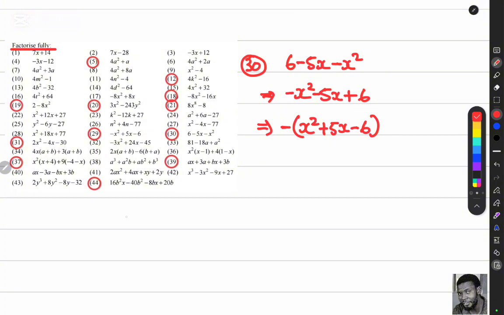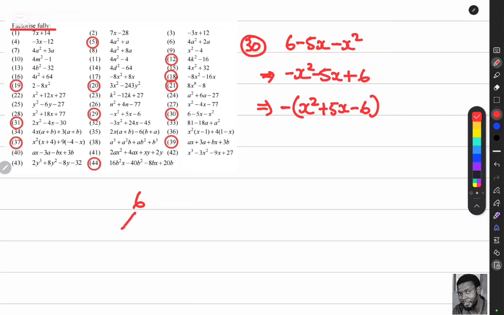And this you go and look at, okay, you have 6. So because you have 6, the factors of 6 will be plus or minus 2, plus or minus 3, plus or minus 6, plus or minus 1. So now you look at the two numbers, you multiply them, you get negative 6, but you add them, you get positive 5.